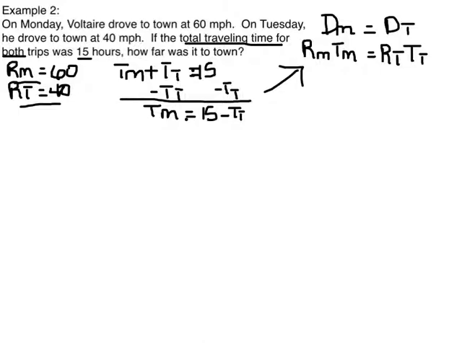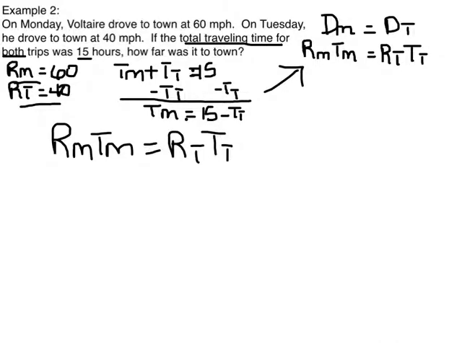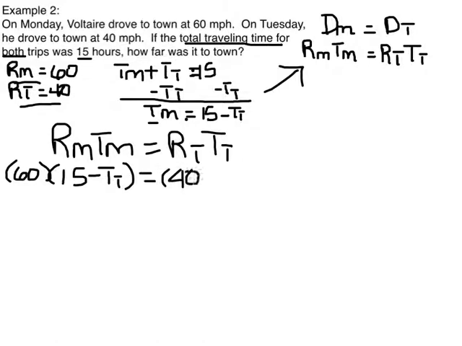So with my equation, RMTM equals RTTT, and I now know that RM is 60, and TM is 15 minus TT, and RT is 40. And right now we're solving for Tuesday's time.